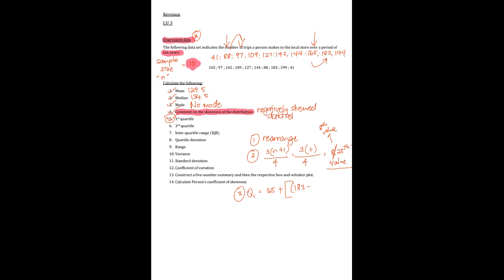And this is multiplied by the decimal that was left out of the initial calculation, so this is 0.25. And this gives you an answer of 94.75.